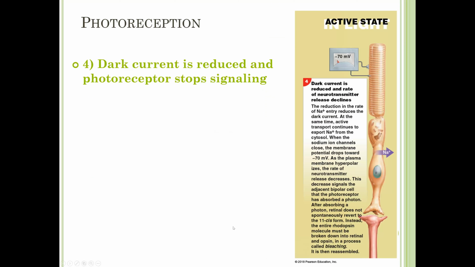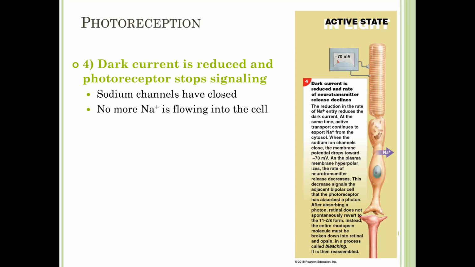In step 4, the dark current is reduced and the photoreceptor stops signaling. So in the previous step, we just closed the sodium channels. So no more sodium is flowing into the cell. We instead have sodium-potassium pumps pumping the sodium back out.